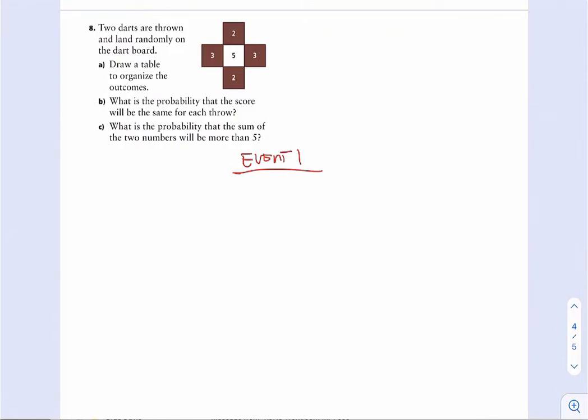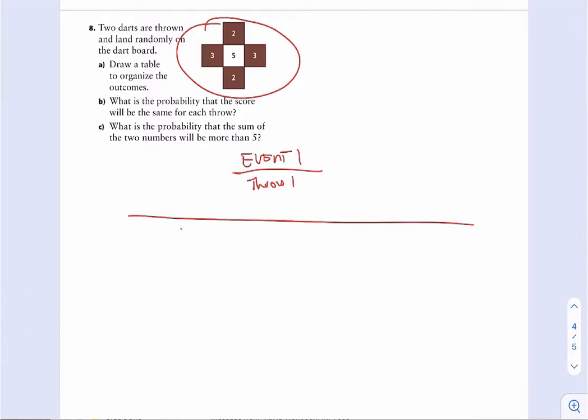So 2 darts are thrown and land. So event 1 is going to be throw number 1. Okay, and what's possible on throw number 1? All of this is possible. So across on our table, you're going to have 2, 3, 3. Oops, I missed a 2. See, look at me making mistakes already.